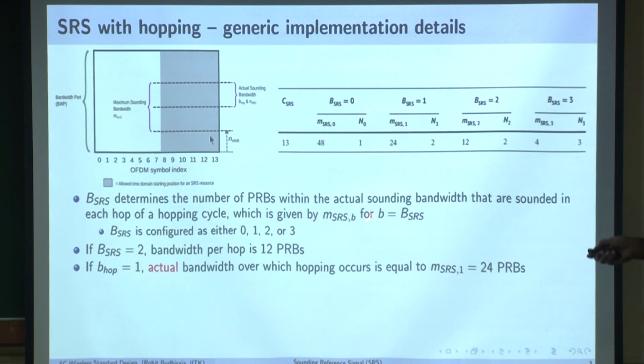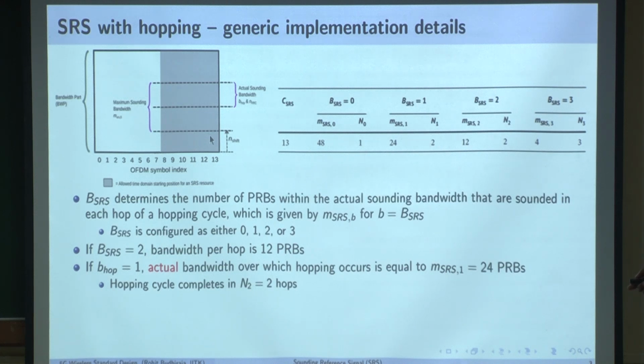If B hop is 1, then MSRS gets set as 1, which is 24 PRBs. BSRS is 2, B hop is 1. Now B hop is less than BSRS, so hopping will happen.